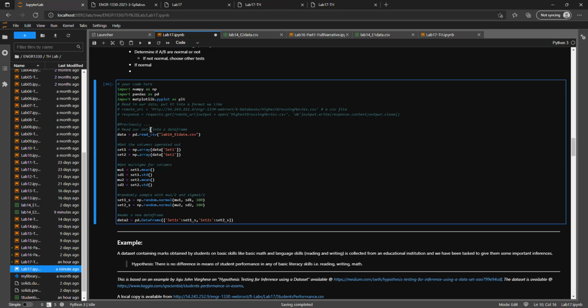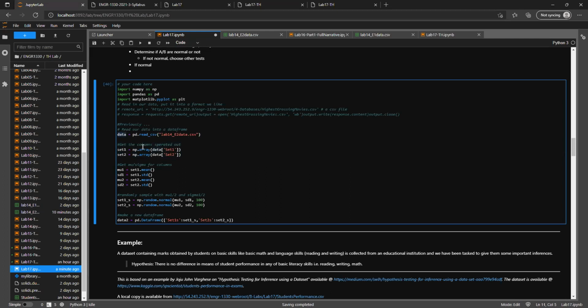All right, so we're going to read our data into the data frame. Okay, well, as someone just pointed out earlier, this is the code to do that. Then we want to get the column separated out. Do I need to change anything here? Doesn't look like it. Maybe, maybe not. We have our data frame here, same name.